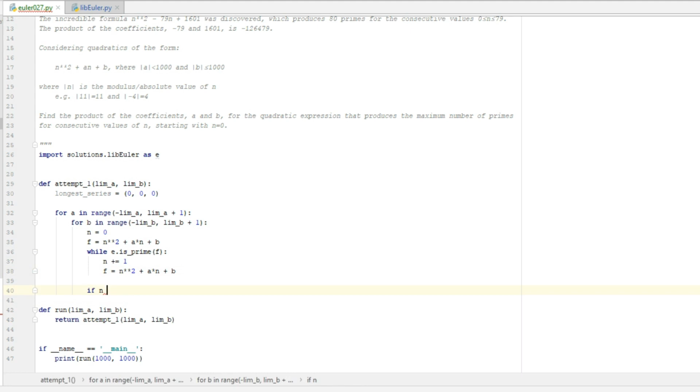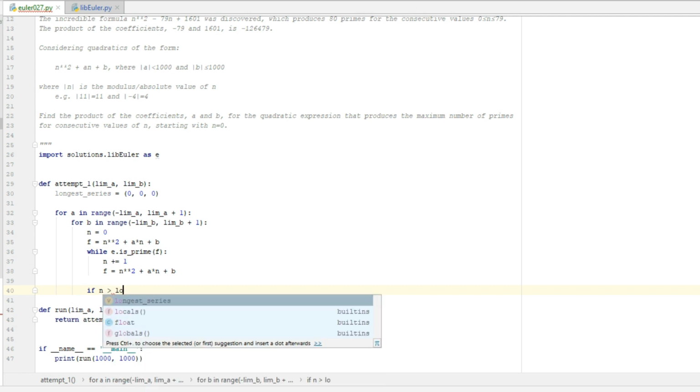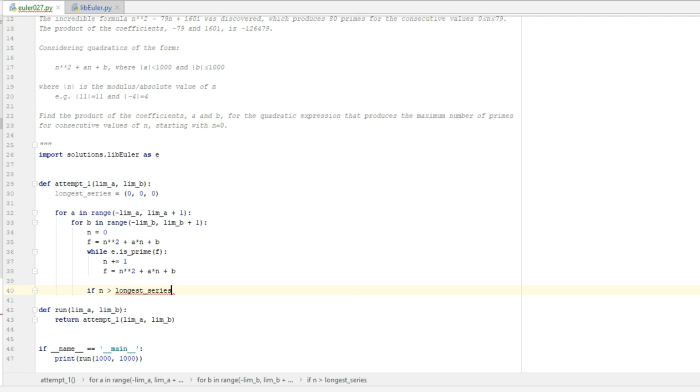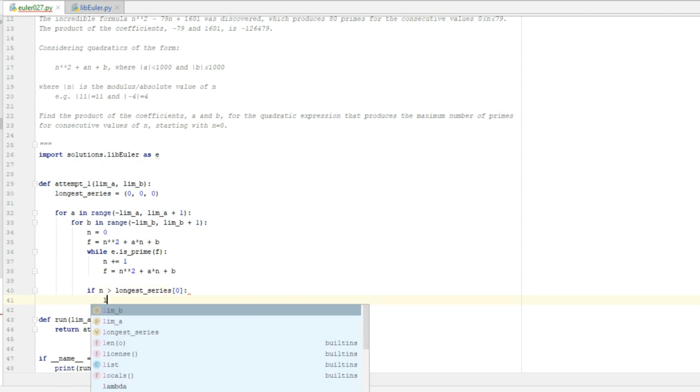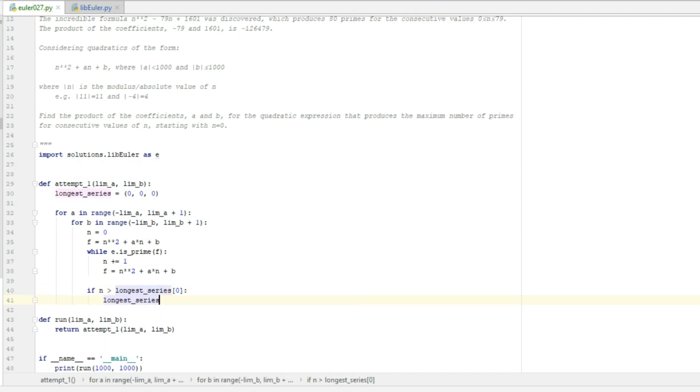If n is greater than the longest series 0, then longest series is a new tuple consisting of n and the current a and b that we found.